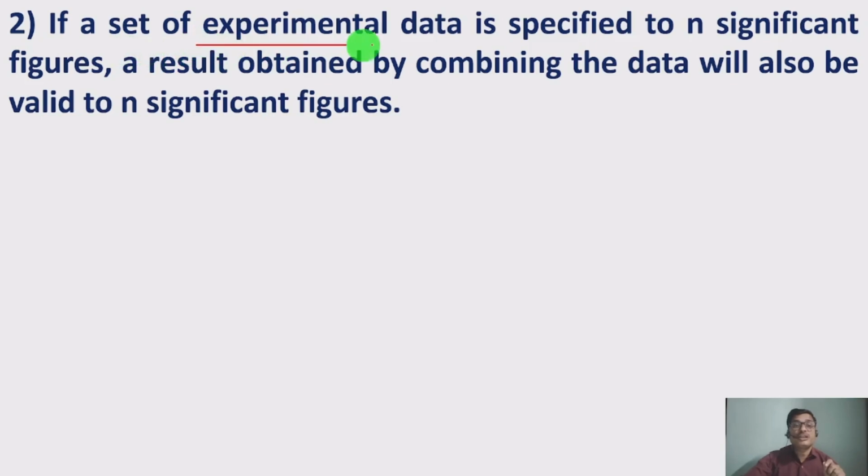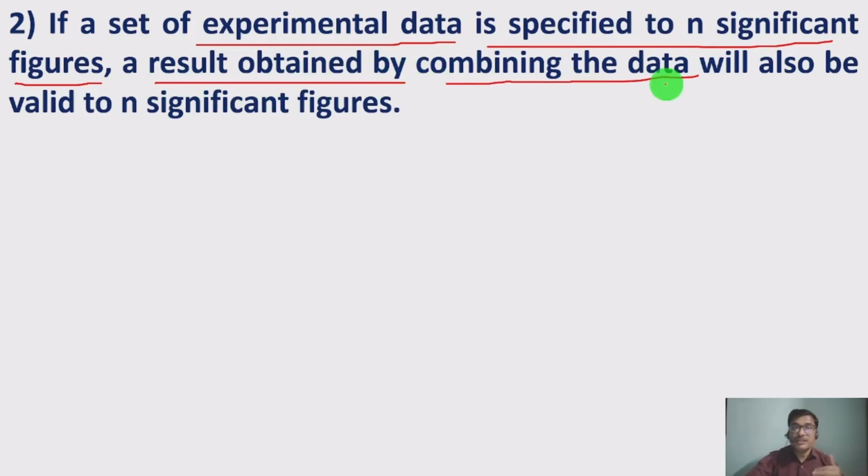If a number of experimental data are in a set, for example, if you have 10 experimental data, and those are specified in n significant figures, then the final result obtained by combining these data of the experiments will also be valid to n significant figures only. That is the rule we have.